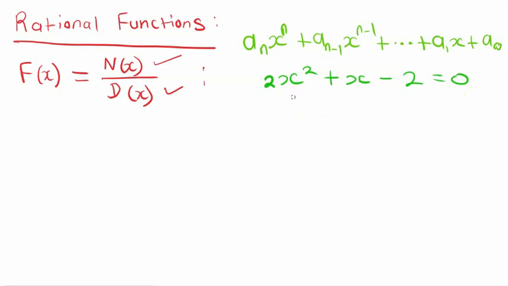A quadratic expression is a polynomial of degree 2. The highest variable's degree is of the order 2, so it's a polynomial.